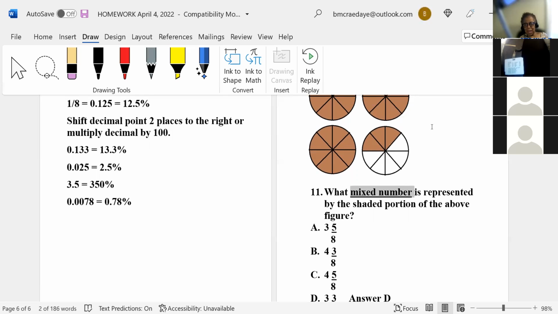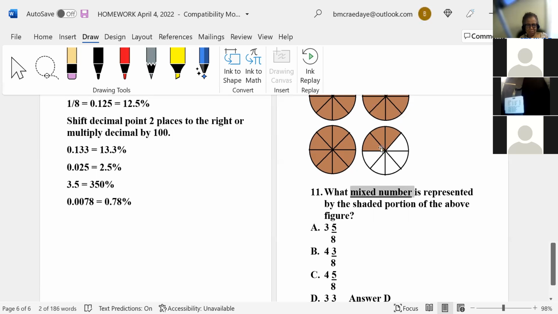Simplified, 4/8 is 1/2. You can see it's a half here, because this line divides it in half. So it'd be 3 and 4/8, which is 3 and 1/2.